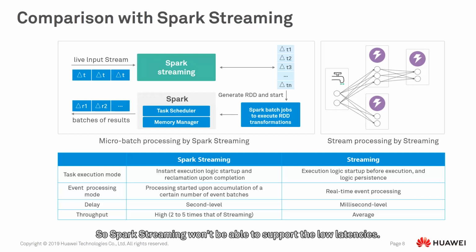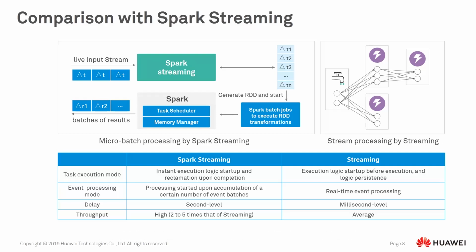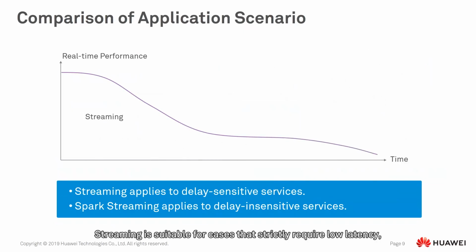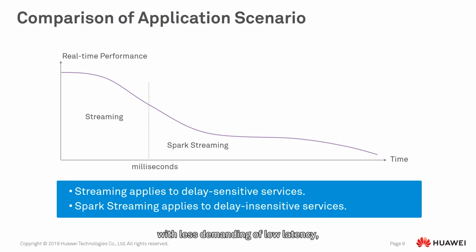So Spark Streaming won't be able to support the low latencies. In application scenarios, streaming is suitable for cases that strictly require low latency, usually milliseconds, while Spark Streaming is suitable for cases with less demanding low latency requirements, usually seconds.